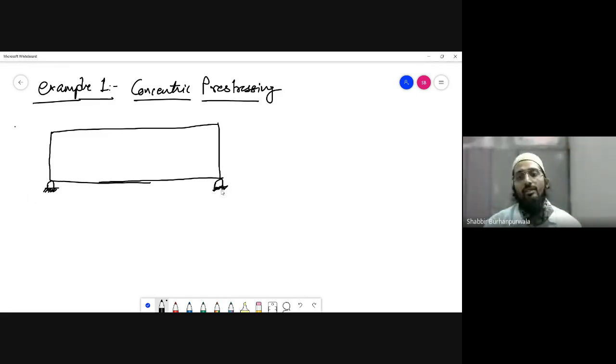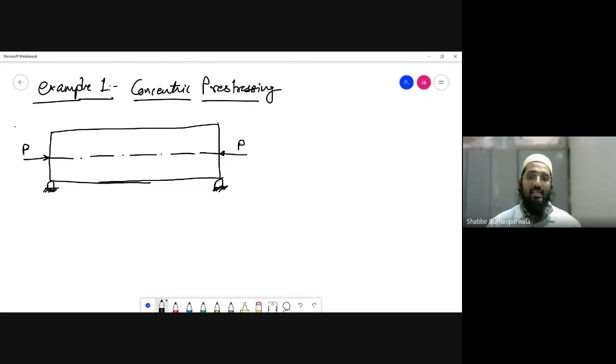Simply supported means the end moment at both the ends is going to be 0, so it is not restricted for any sort of rotation at the ends. Now at the center, this is the centroidal axis, and through the centroidal axis we are passing a cable which is going to apply a pre-stressing force. Let the pre-stressing force which is acting be P.